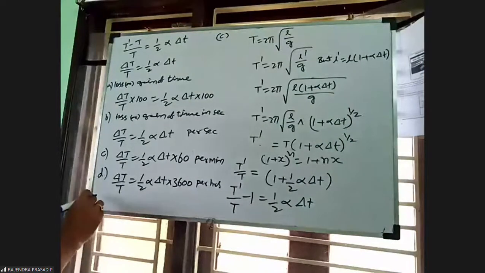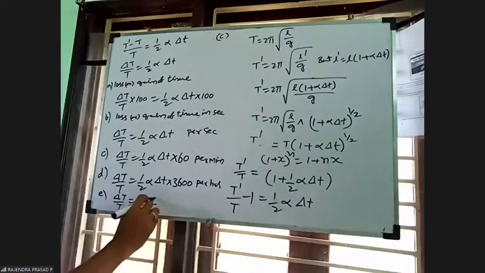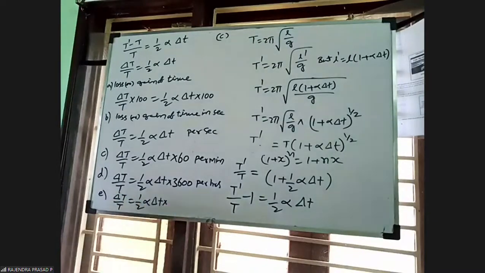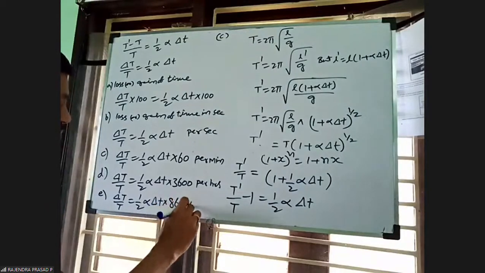Next one, D. Delta T by T is equal to 1 by 2 alpha delta T into 86,400 per day.